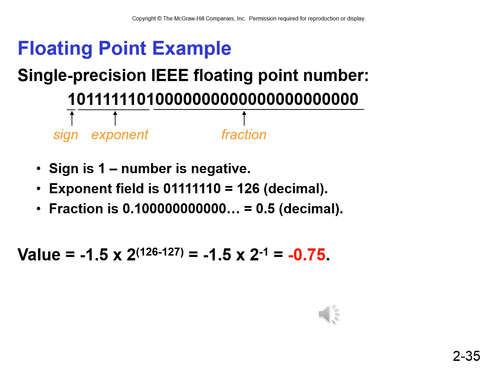And the fraction is 0.5. So we have -1.5 times 2 to the negative first. 2 to the negative first is 0.5, so 0.5 times 1.5 is -0.75. Pretty straightforward. Easy for me to say, right?